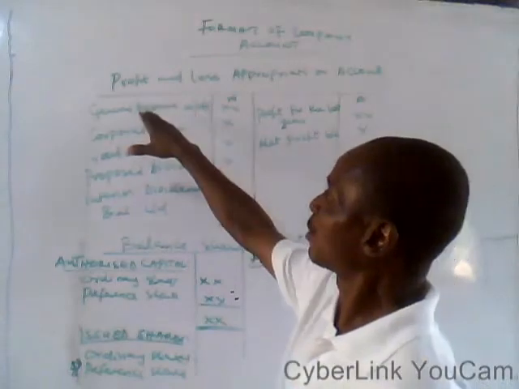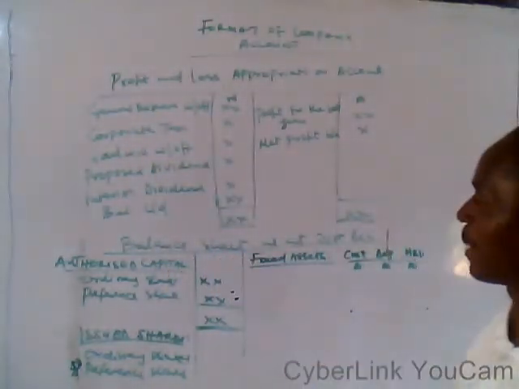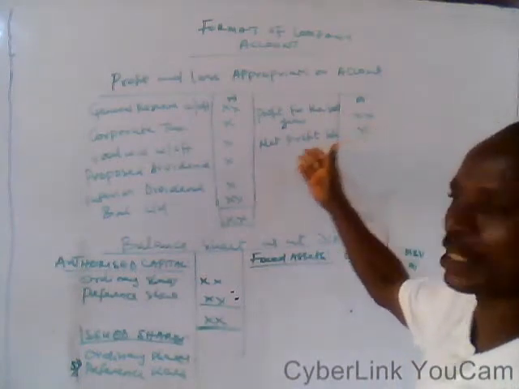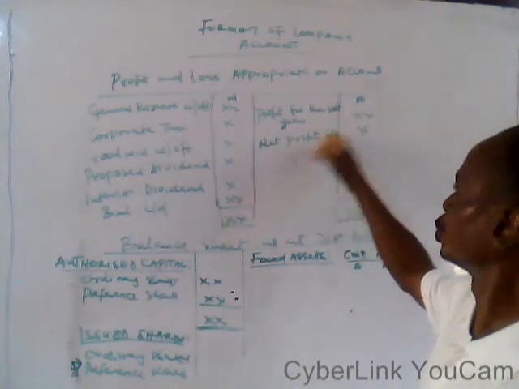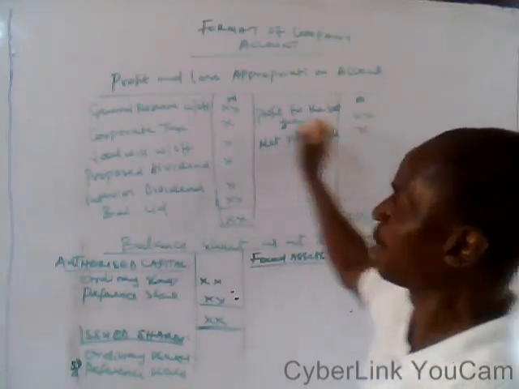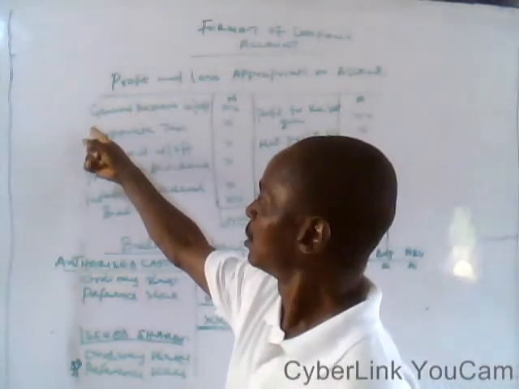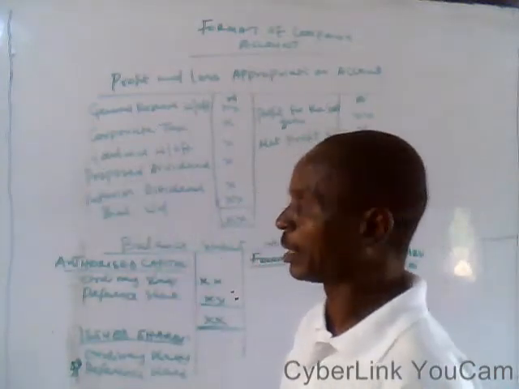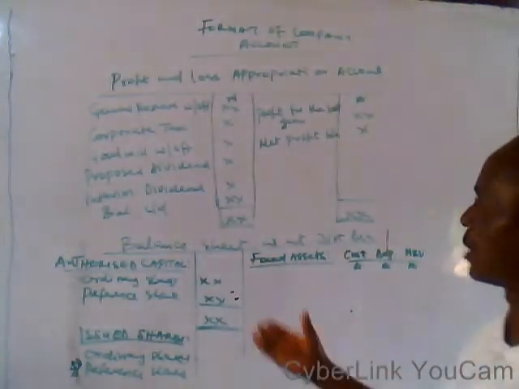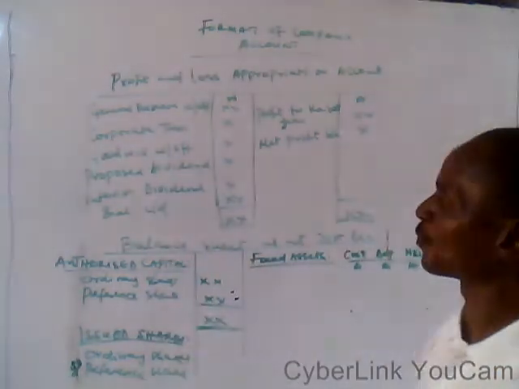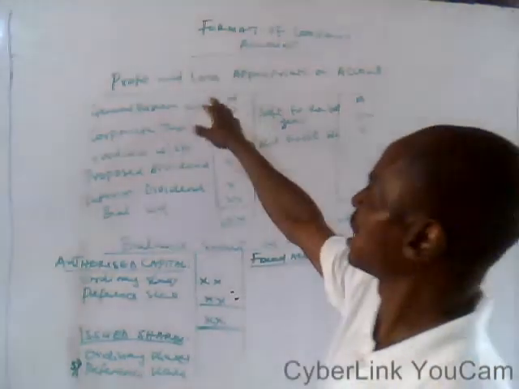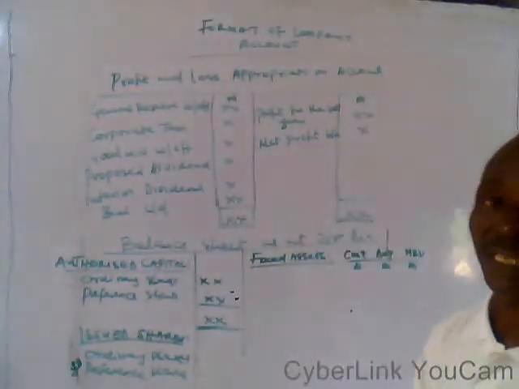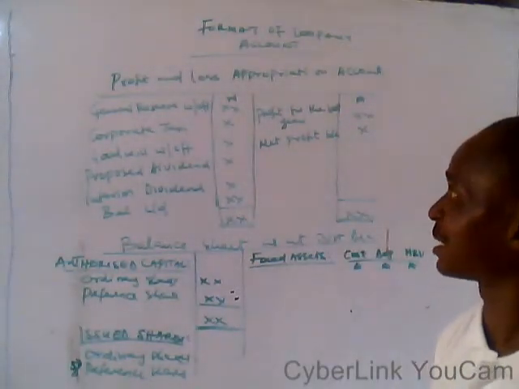Remember, in the profit and loss appropriation of a partnership, you have the net profit on the credit side, and the interest on drawings on the credit side, whereas you have the salary given to the active partner and the interest on capital, and you find the difference and share the profit. But in the case of a company, the profit and loss appropriation is totally different from that of a partnership account.